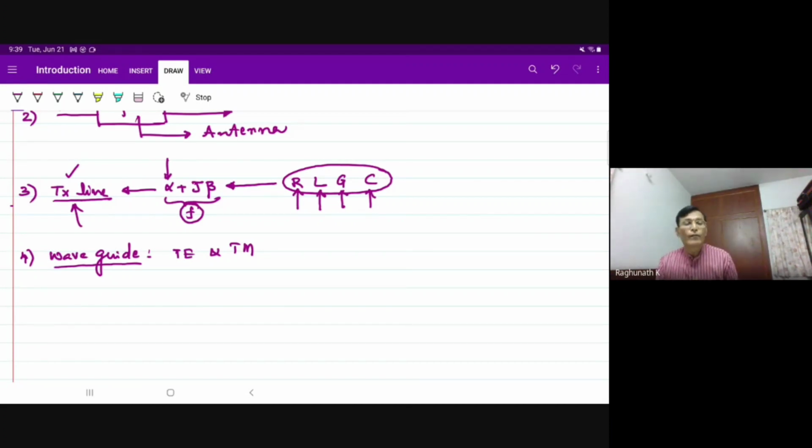Here also, this is bounded free space, not unbounded free space. We need to talk about alpha plus j beta of that: guide phase shift constant, guide attenuation constant. Before using it, I should know the characteristics of this waveguide to carry the signal from one end to the other end.